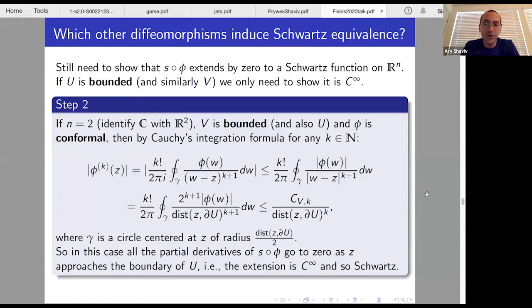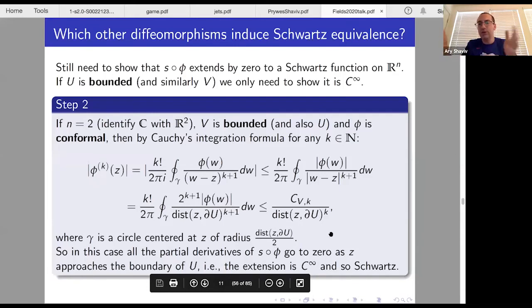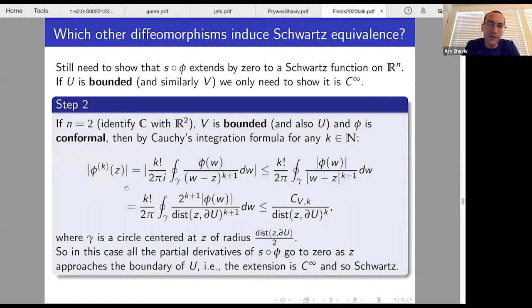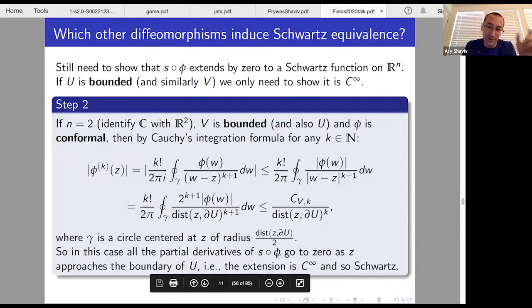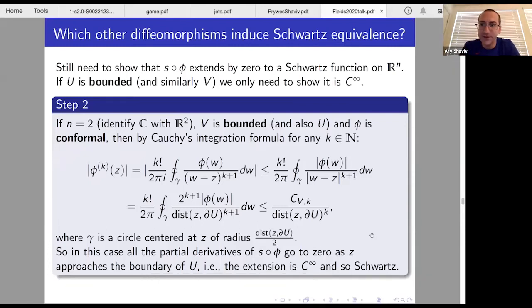So in this case, all the partial derivatives of S composed with phi go to 0 as Z approaches the boundary. Why? Because the partial derivatives of this thing will be something of the form some derivative of f evaluated at phi, times inner derivatives, times these derivatives of phi. But you can see that these derivatives of phi only explode as 1 over some polynomial in the distance to the boundary, and the derivative of S evaluated at phi is Schwartz, so it decays faster than 1 over the distance.